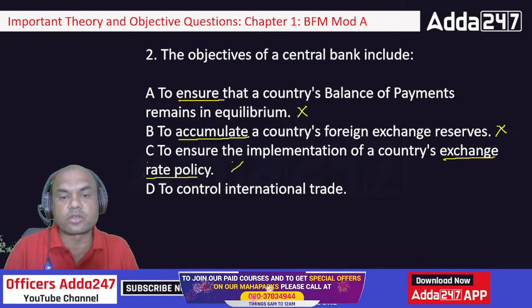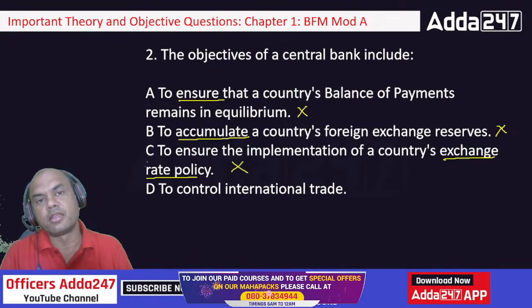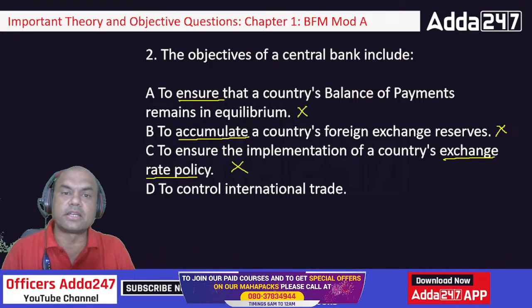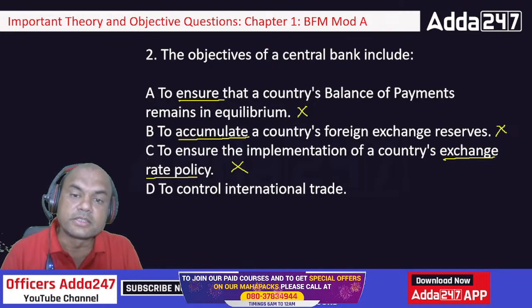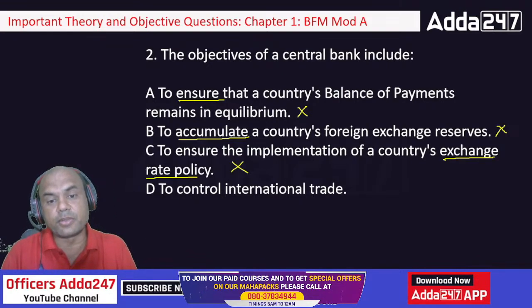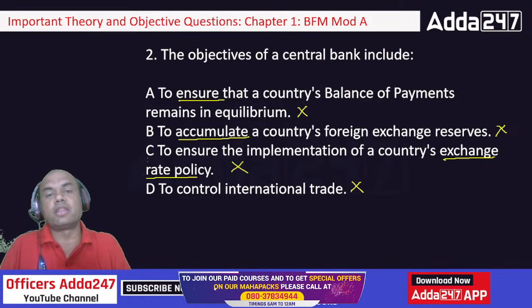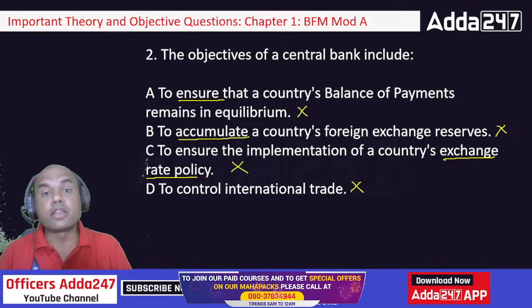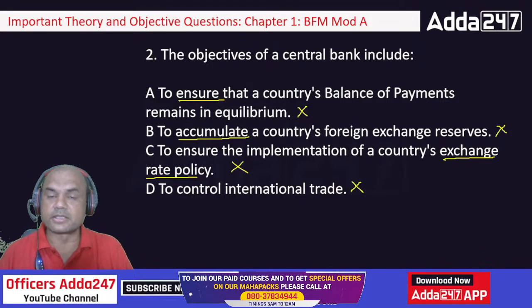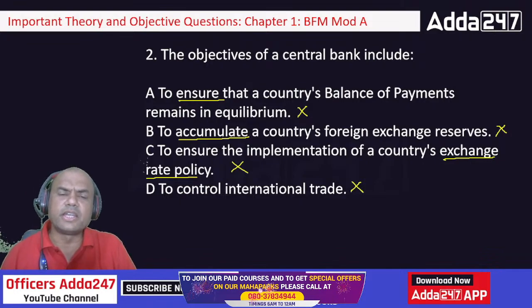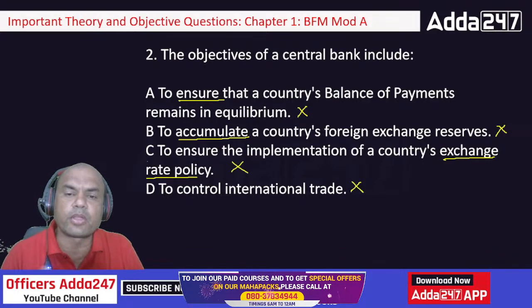So this is also wrong. RBI makes the policies, and these are implemented by the individual banks. To control international trade is typically wrong, because international trade cannot be controlled by anyone. Remember this. Why? Because after all, it's individual parties who are doing the import or export.